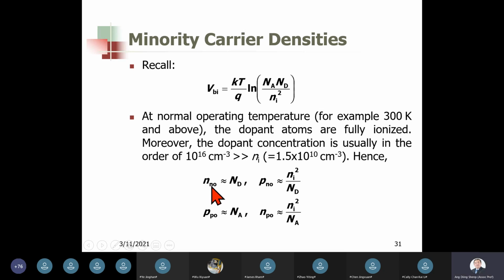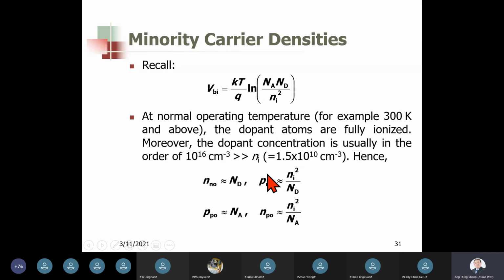Now notice that we have included an additional letter in the subscript here. The additional letter N denotes the N region of the PN junction, and the letter P denotes the P region of the PN junction. Because now we have two differently doped semiconductor regions, it is important to distinguish which region we are referring to when we are referring to the electron or hole concentration.